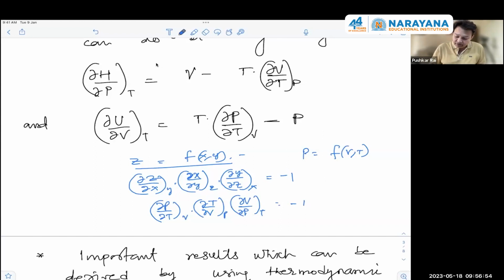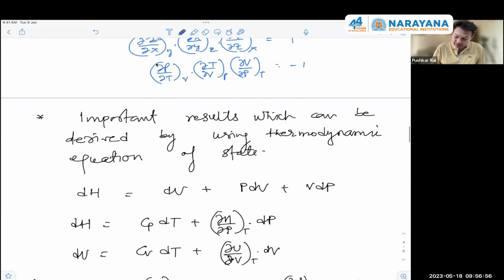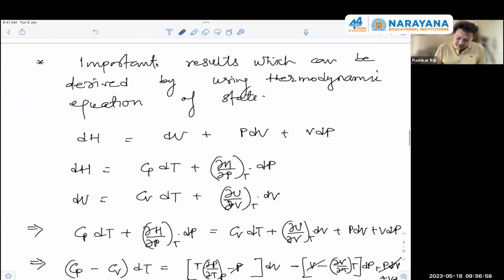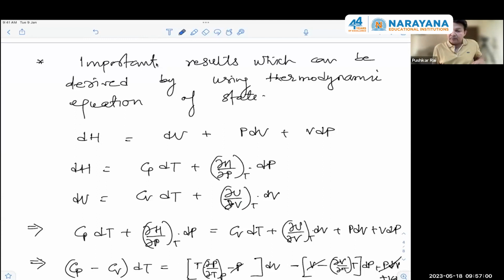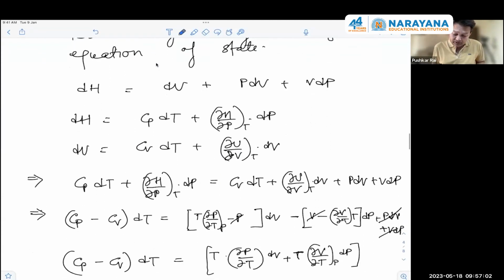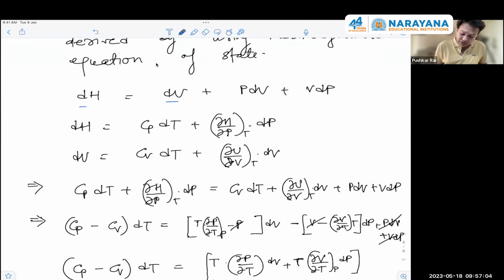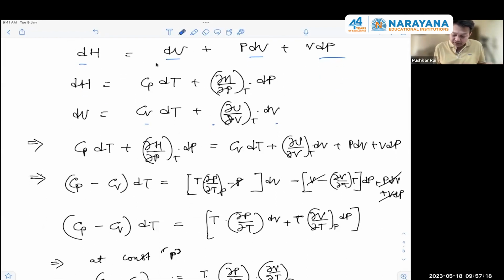Using them, you can understand important results that can be derived easily from the thermodynamic equation of state I'm showing you. Simply write dH is equal to dU plus P dV plus V dP. Substitute for dU, and it will become this. Finally, wherever del H by del P terms come, you substitute these terms.